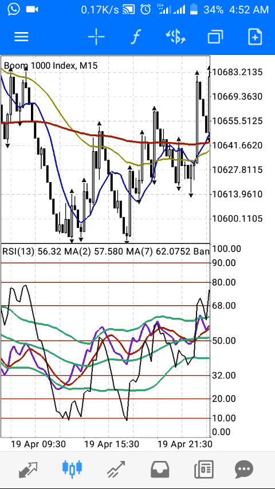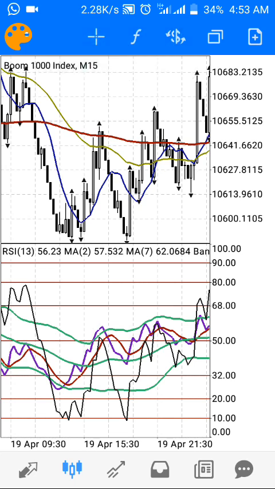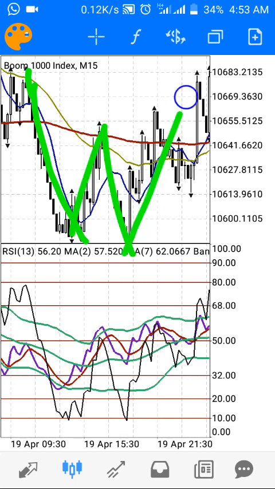So if you look at here too, we have W formation here. This is a small W formation that is here, which ended here. Then we have another big W formation which started here, drops down, goes up, drops down again, and goes up. Do you see that?